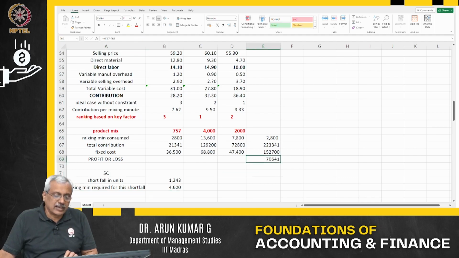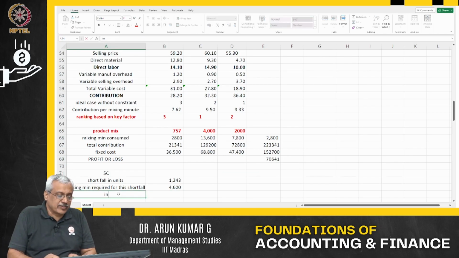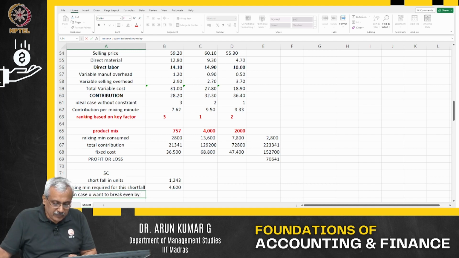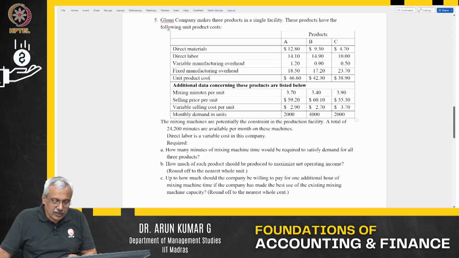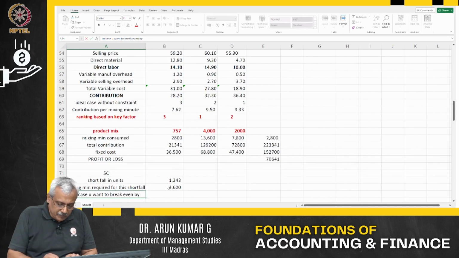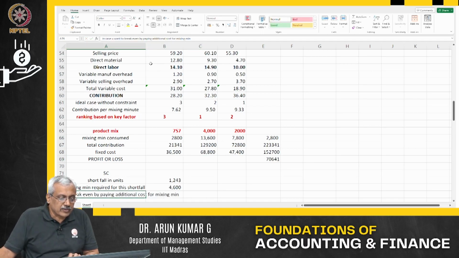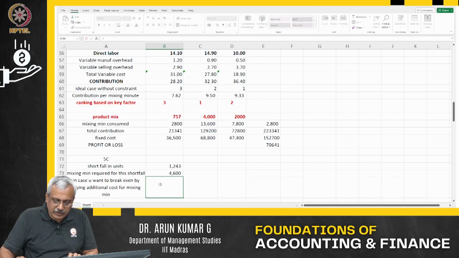Profit is 70,641. In case you want to break even by paying an additional cost for mixing minute, what is the maximum that you can pay? 70,461 is the profit I make at this stage, and this is the number of mixing minutes I require.